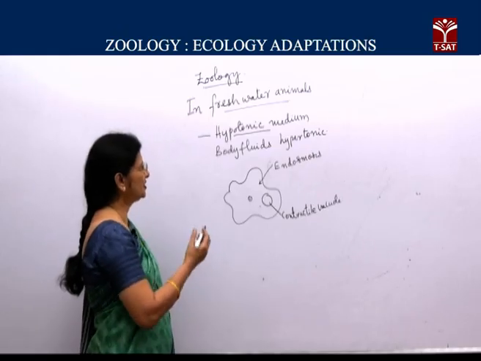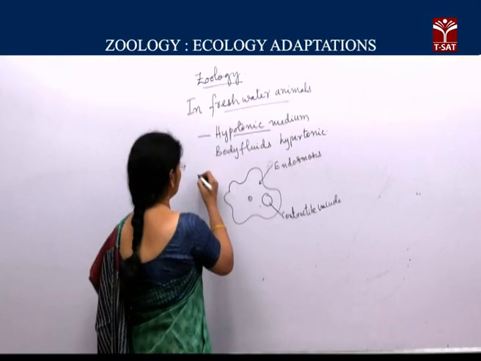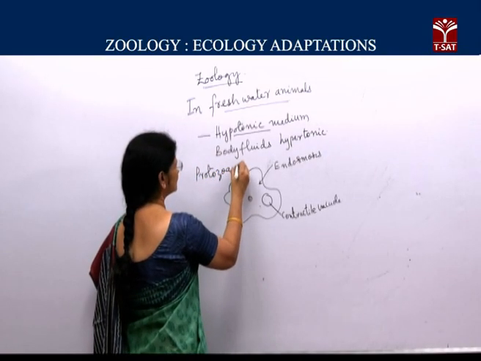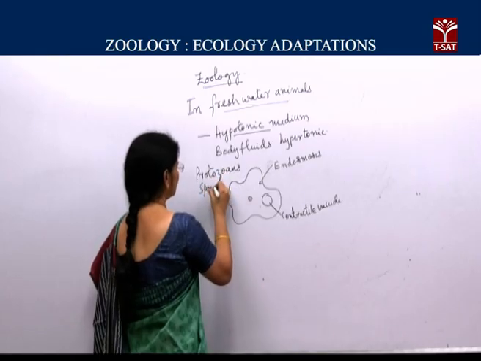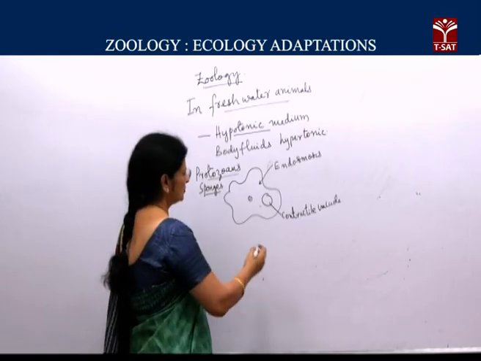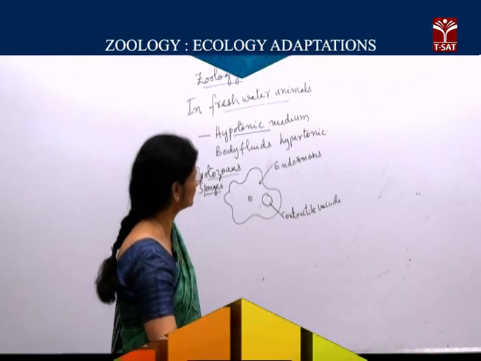That is in case of protozoans and some sponges also. Freshwater protozoans and sponges have these contractile vacuoles, to maintain the body fluid concentration.